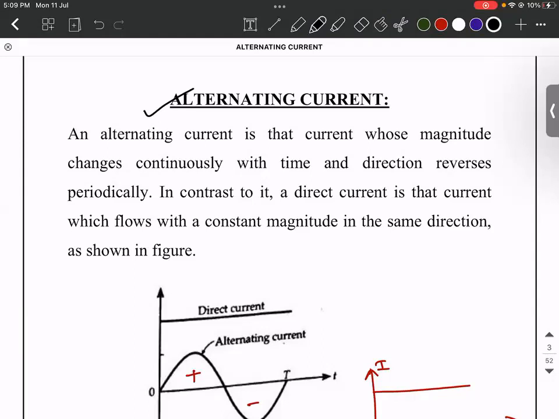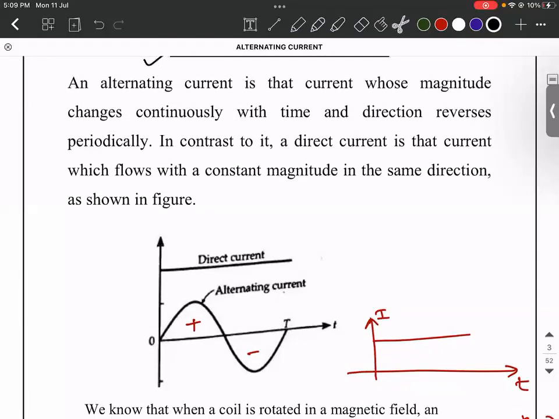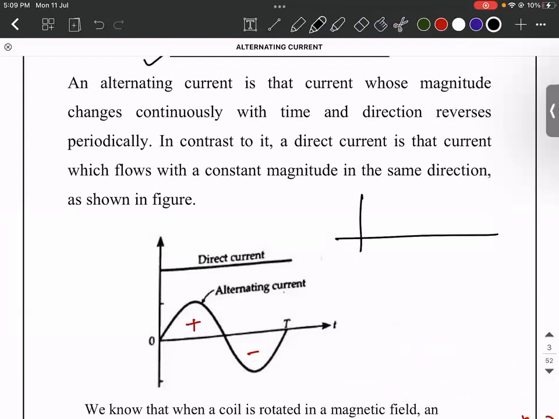Then what exactly does a direct current mean? It is that current whose direction is not changing with respect to time. Now, if I take a scenario, what kind of current is this?